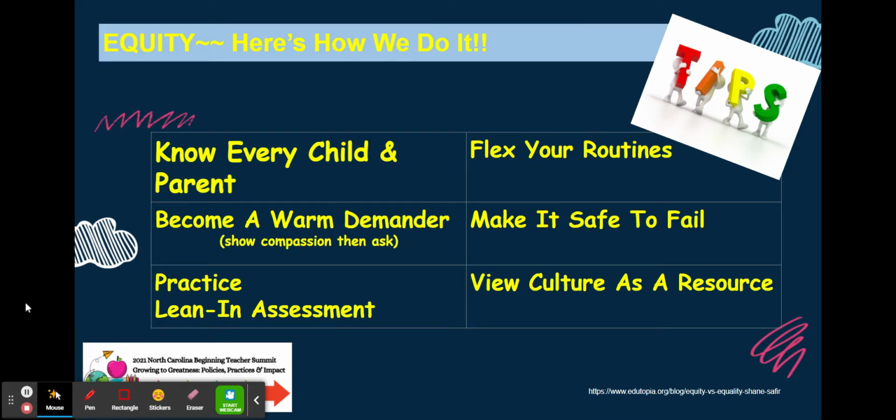Okay. And you'll be surprised at how that flexibility allows students to build confidence, and it will build trust, because they know that if they don't get it right, it's okay, that they're learning forward.